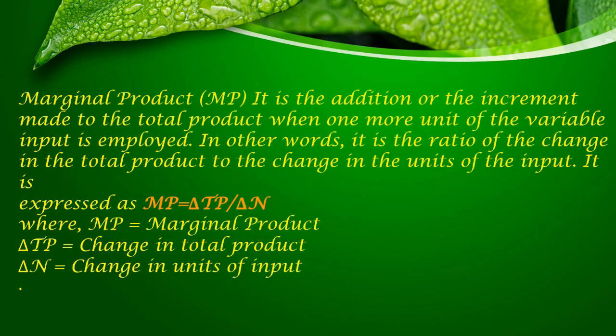The next one is marginal product. Whenever we are learning marginal, we have to add the word additional. So it is the additional increment made to the total product when one more unit of the variable input is employed. In other words, it is the ratio of the change in total product to the change in units of input.